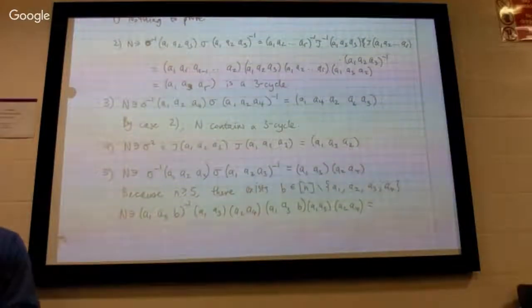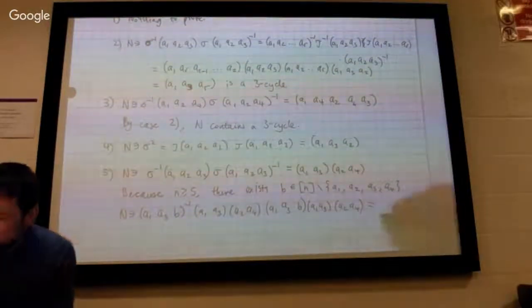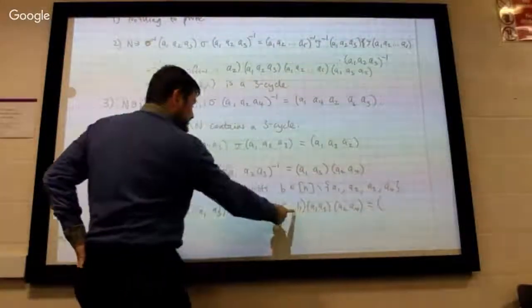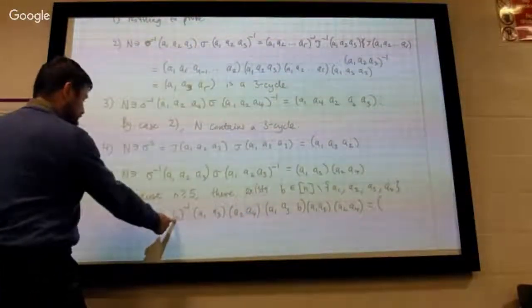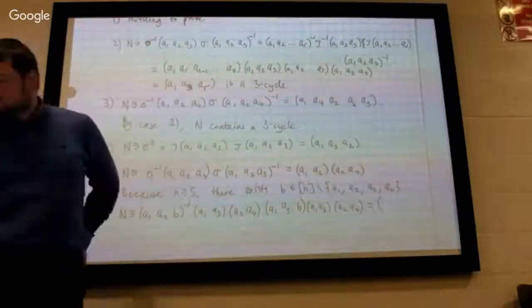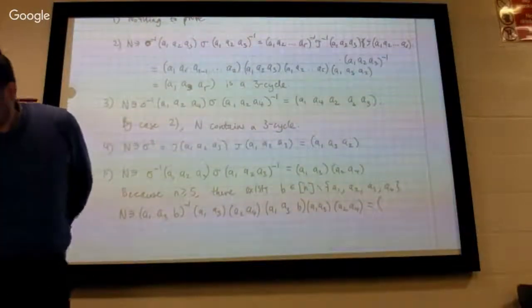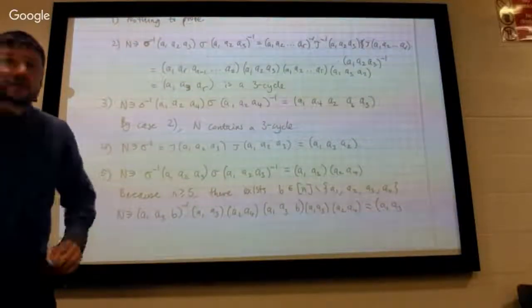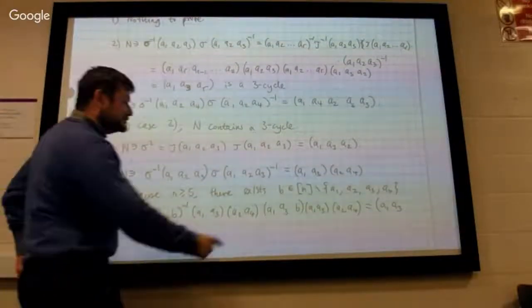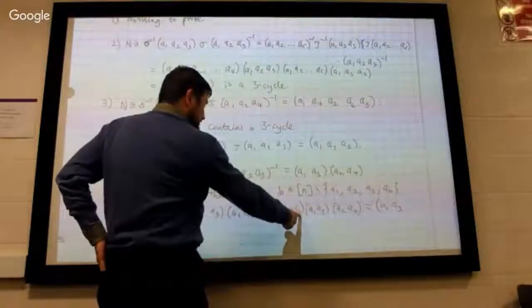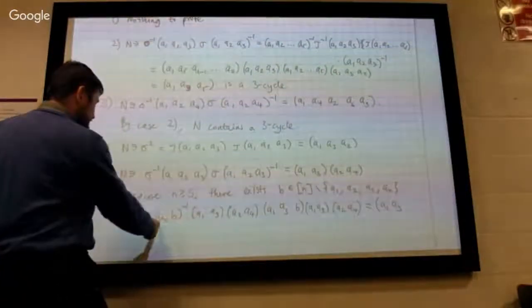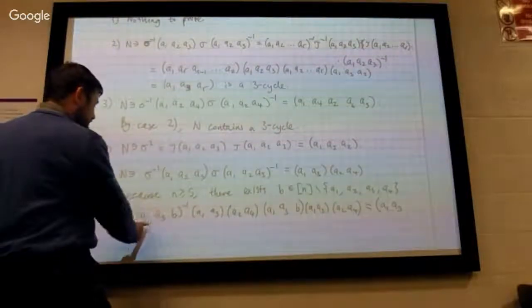This is a crazy element. So where does A1 go? A1 goes to A3, goes to B, goes to A3. Have a look. Where does A3 go? It goes to A1, goes to A3, goes to A1, goes to B.